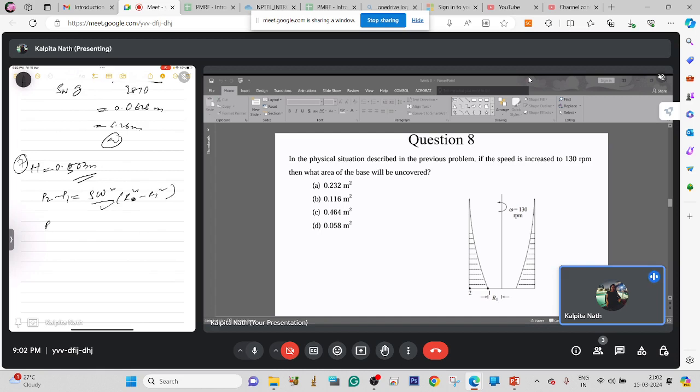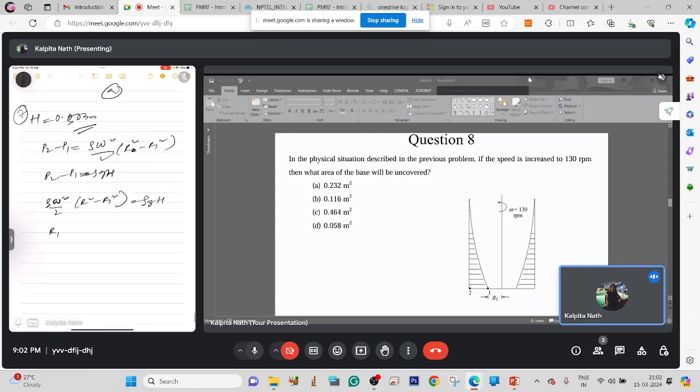Also P2 minus P1 is equal to rho g h. Equating these, rho omega square upon 2 times (R square minus R1 square) is equal to rho g h. So R1 square is equal to R square minus 2gh upon omega square.